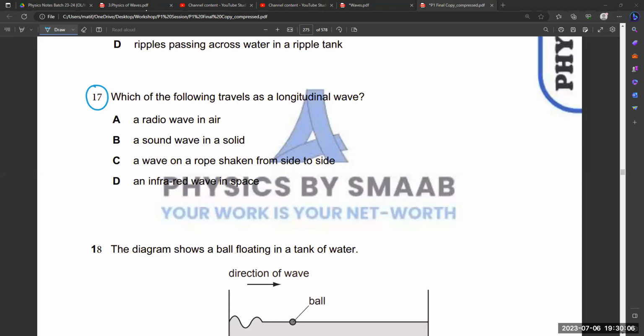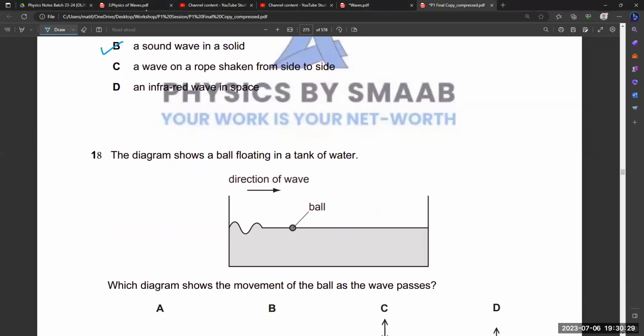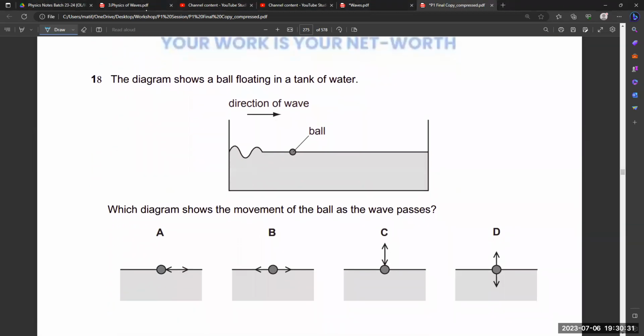A radio wave is something different from a sound wave, right? Because radio waves are electromagnetic, so they are not going to move parallel in air. So radio waves are not possible. We know that sound always travels in a straight line. So it is a sound wave in a solid, right? Try this one also.